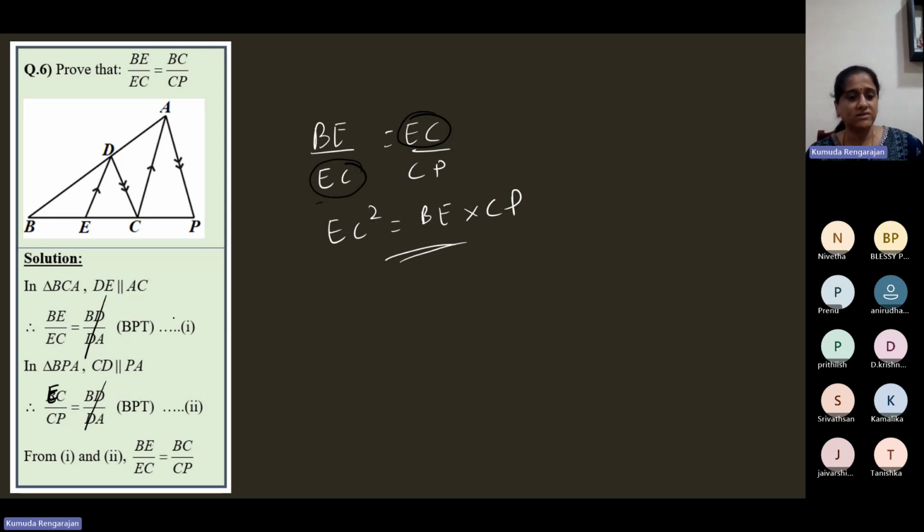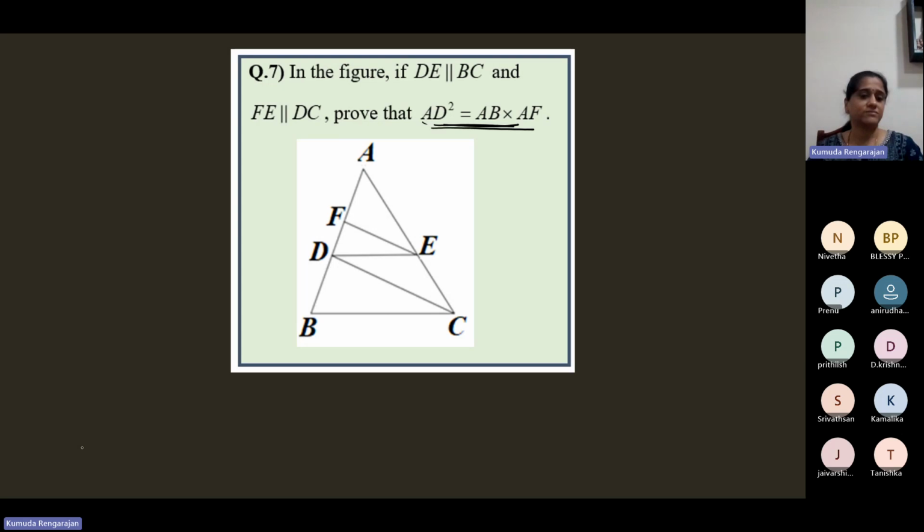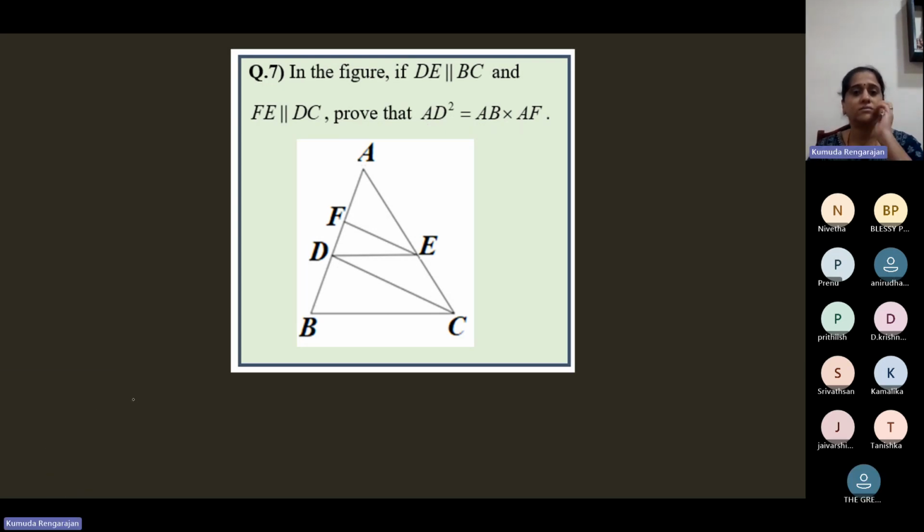How do you get a result like this? A proportion by BPT, another proportion by BPT. These are proportions because two ratios are equal. When you compare these two proportions, you get a new proportion, and when you cross multiply that, you can get a result like this.